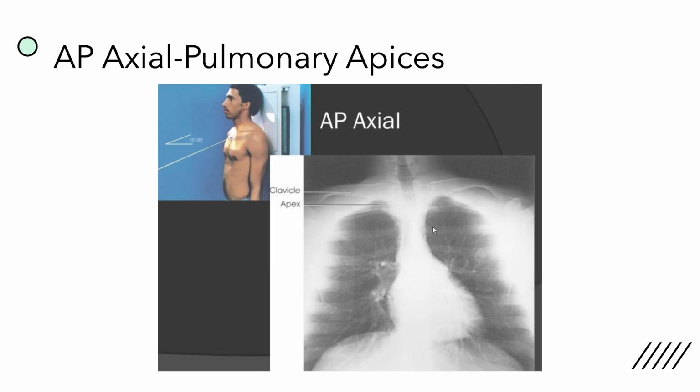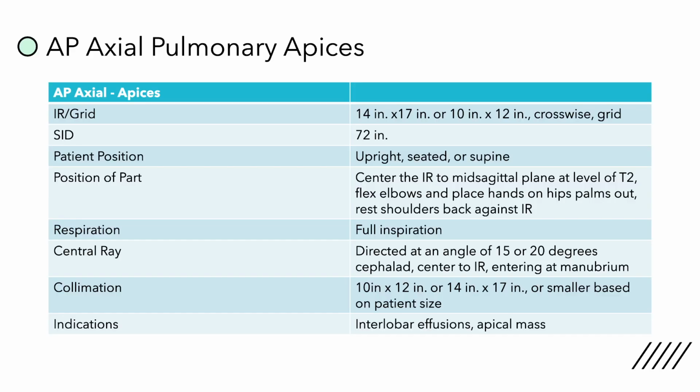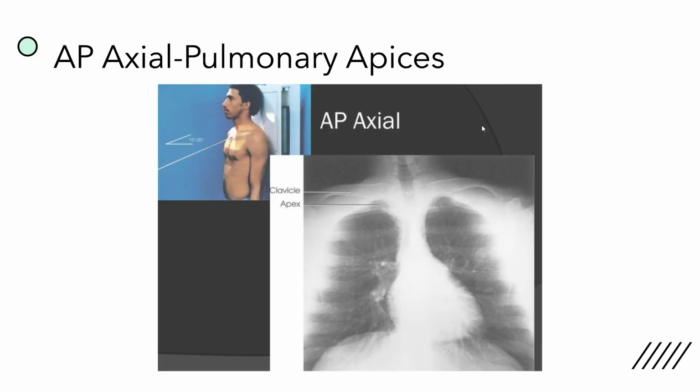So notice on the last one, we have a little bit of lung apex here. We still have a little bit of rib in the way and some superimposition there. So it just depends on the provider which ones they prefer. Sometimes they'll order both, but generally not. But here we have the ribs out of the way.